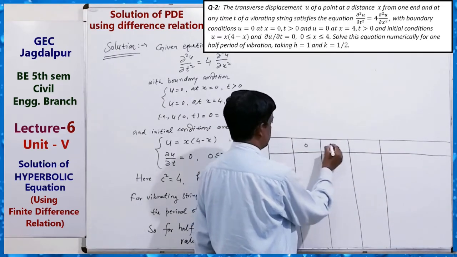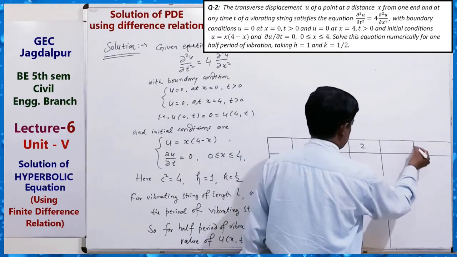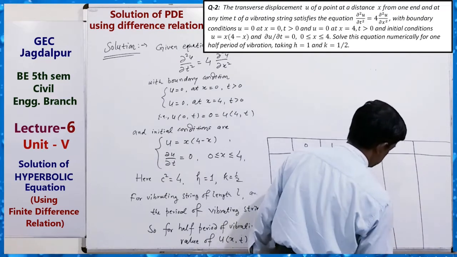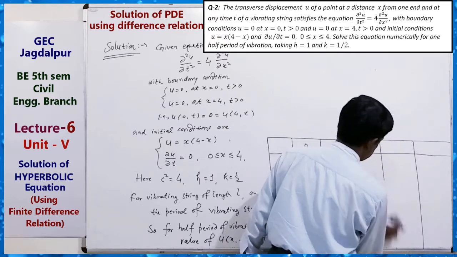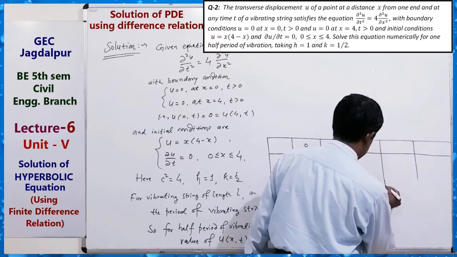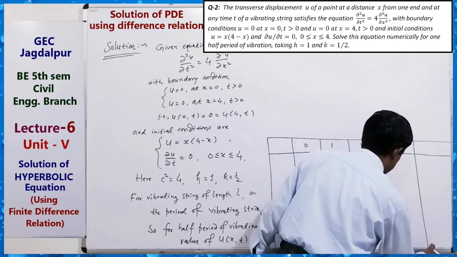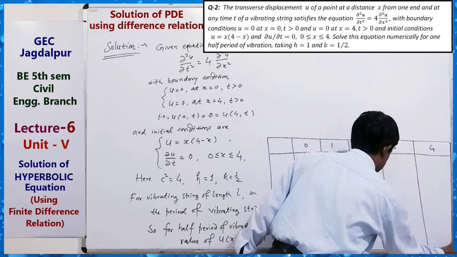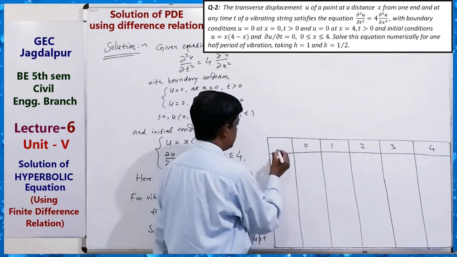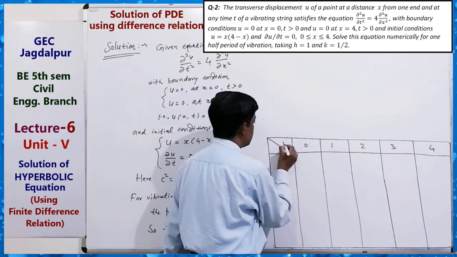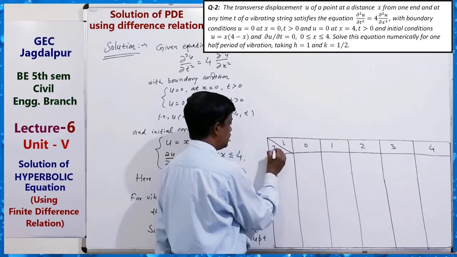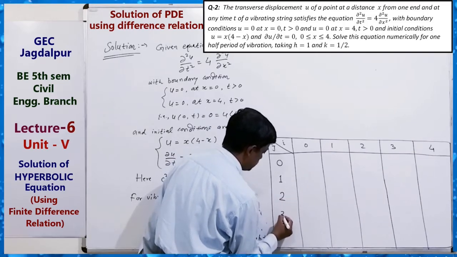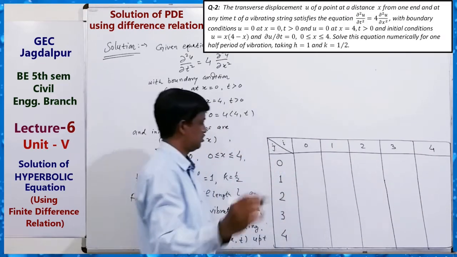Here 0, 1, 2, 3 and 4. Now here, this is i equals 0, 1, 2, 3, 4 and j is 0, 1, 2, 3 and also 4.